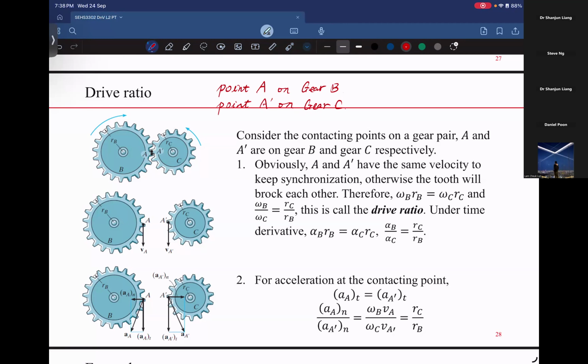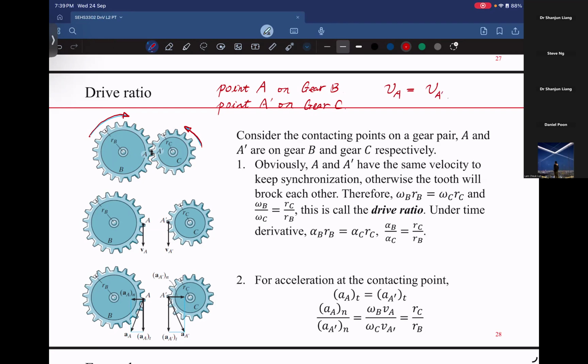As gear B rotates to the right and gear C rotates to the left, in the opposite way, because the teeth should move together, we should know the velocity of point A should be the same as the velocity of point A prime, right?